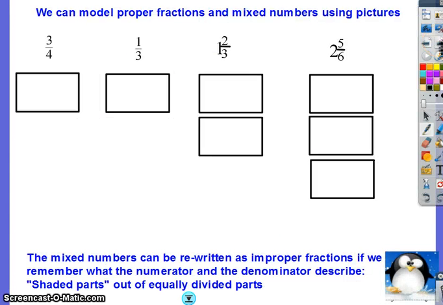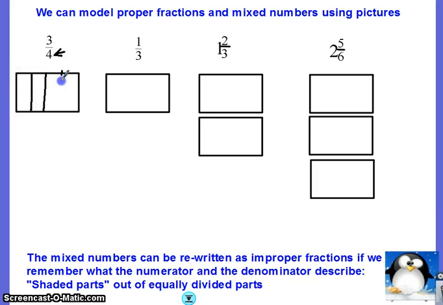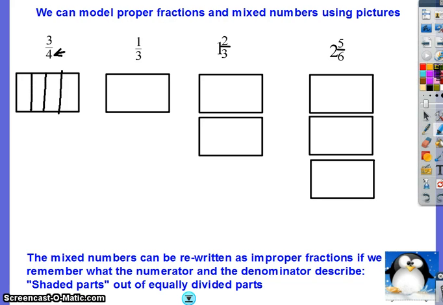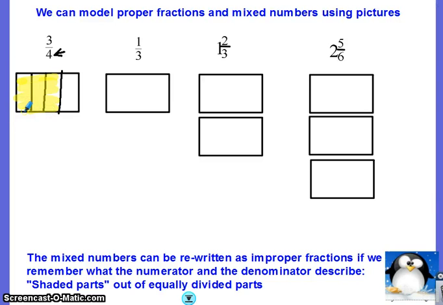Okay, so we can model them by using pictures. And the bottom number, the denominator, tells us how many pieces to split up our wholes into. So in this case, let's take a look. This says split this up into 4. That's what it's telling me. And then shade in 3 pieces. The numerator tells me to shade in 3 pieces.